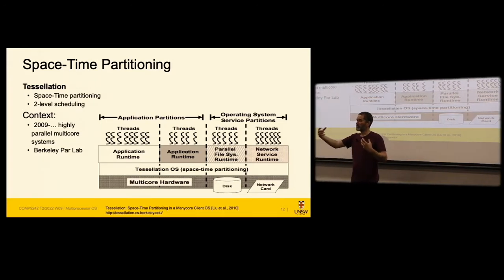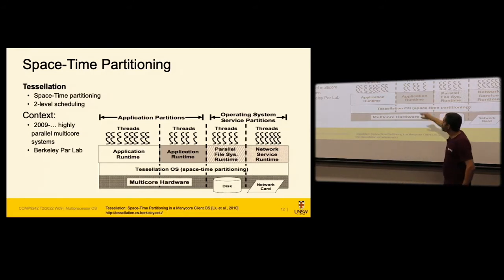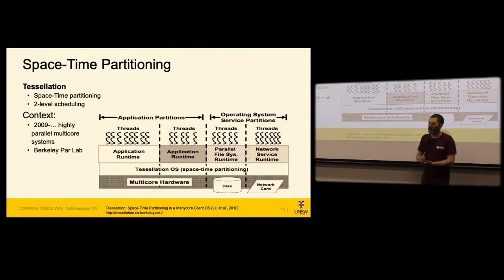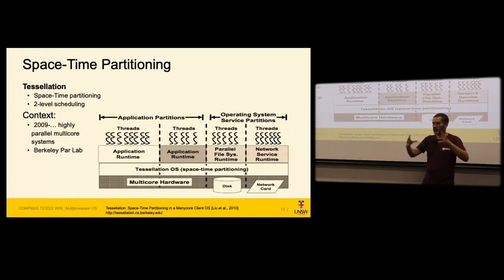They're going to be missing some of the resources that they require, and then when you reschedule them, there's going to be conflicts and so on. So you really want to schedule everything together that the application needs and make sure that they're scheduled well together. So that's the idea of space-time partitioning: applications partition the resources that they need, and then you schedule those resources as those partitions, so they get the most of everything.